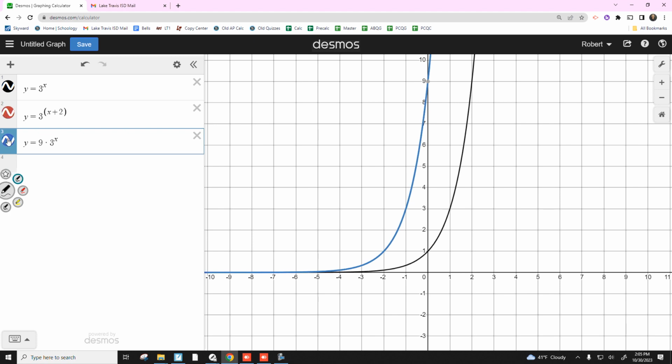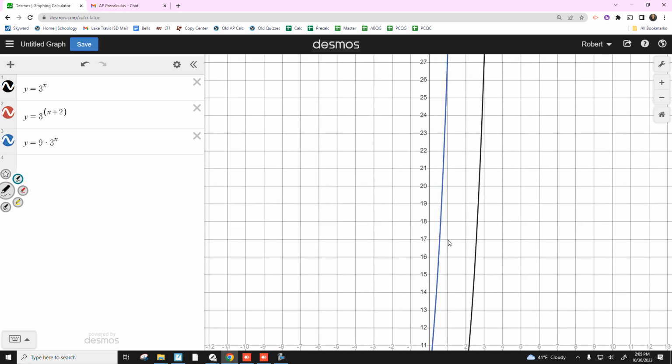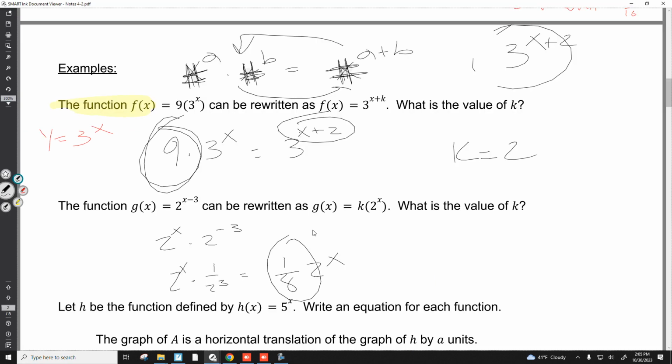Look at maybe this point 1, 3. Shift it to the left 2. Okay, I have the point negative 1, 3. There it is. Take the y coordinate, multiply it by 9. I should have a point negative 1, 27. Boom. We get the same graph 2 different ways.